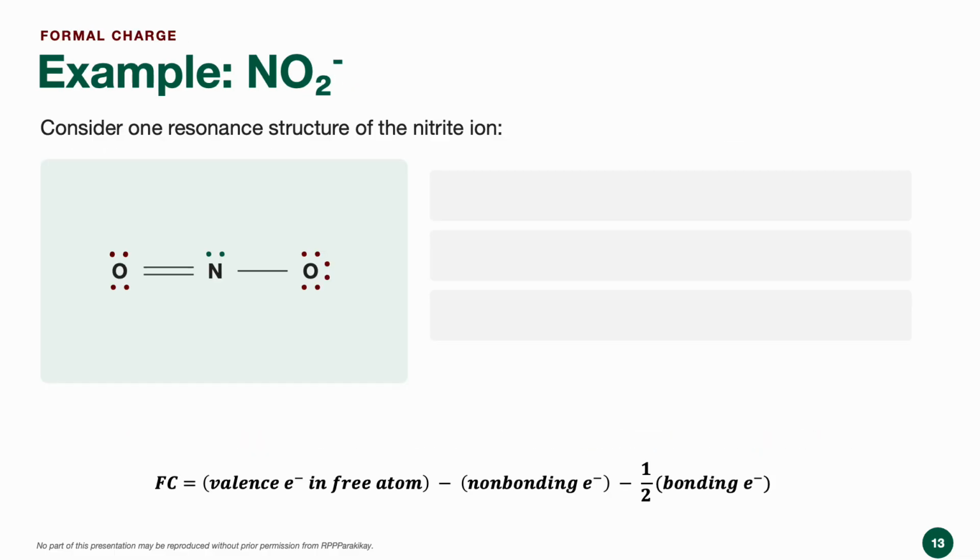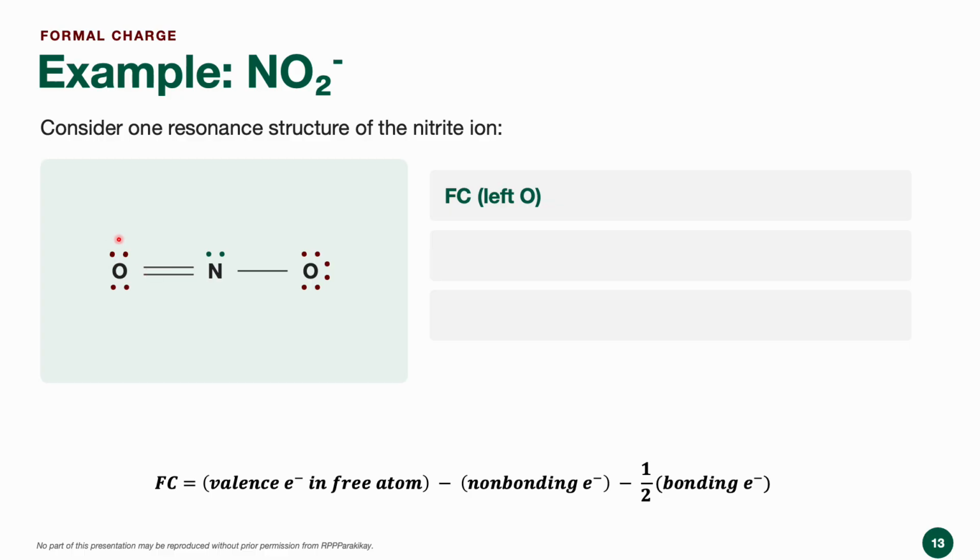Now, let's calculate the formal charge for each atom in the nitrite ion, NO2 minus. Doing the steps that we have discussed, this is the Lewis structure for NO2 minus. In the structure, we have a double bond to the left oxygen and a single bond to the right oxygen. So to calculate the formal charge, let's use this equation. Formal charge first of the left oxygen.